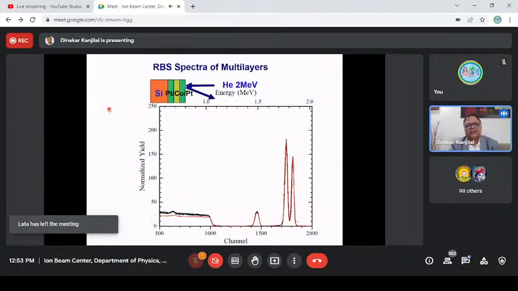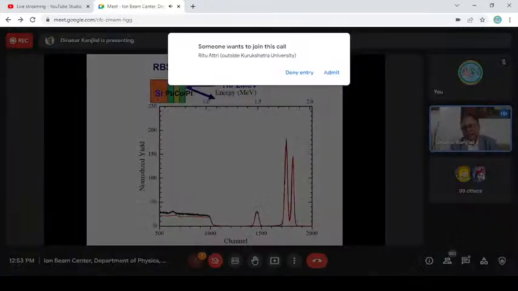There are many things; I'll come to them one by one, but quickly. For example, platinum, cobalt, platinum, three layers on silicon, a multi-layer system. One can clearly see the three peaks: these two platinum peaks, because Z is very high, and the gold peak.